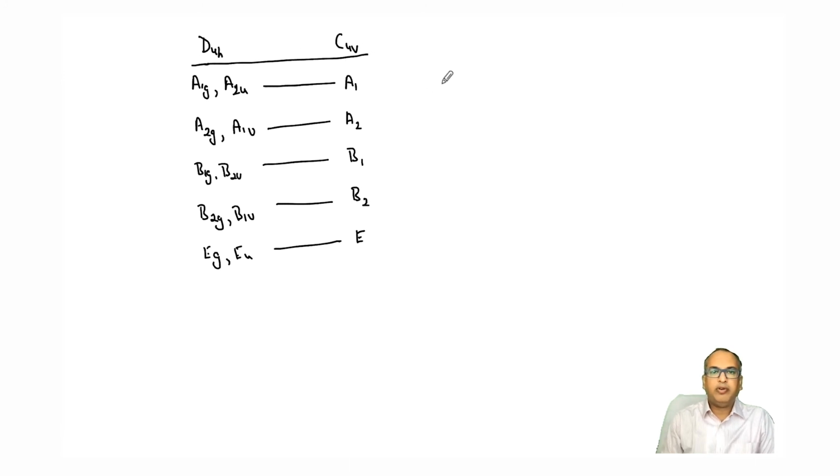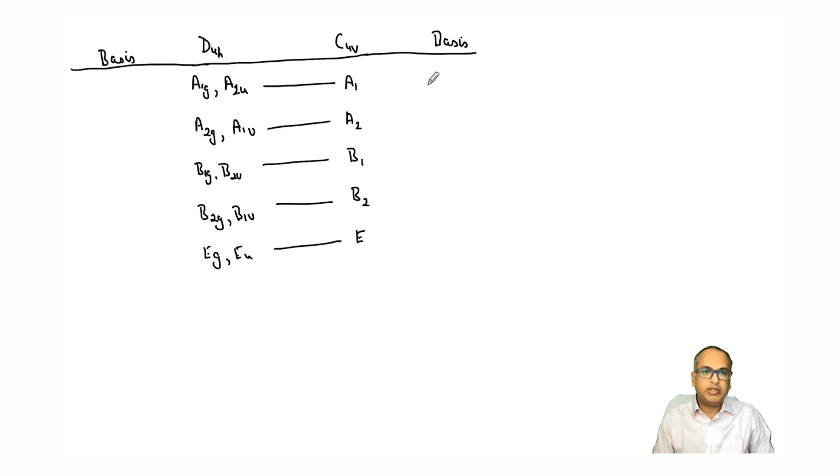Okay, now if you also look at what are the bases of these IR representations under different point groups, you will find that the bases are same, which is a very important result. So if you see A1 under C4V point group, we find that it is Z. Let's also take the binary products, Z square.